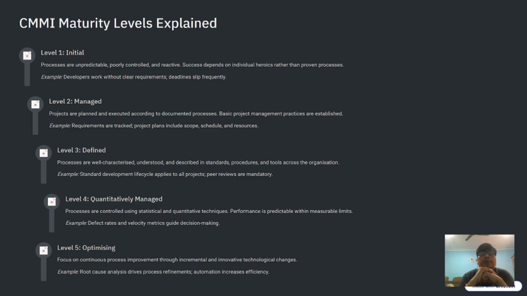We are not just implementing the processes, we are understanding the processes, describing the standards which are required for the project, and defining the procedures. What is the example? The standard development life cycle applies to all the projects. Peer reviews are mandatory. What is a peer review? One person develops something, and another person reviews it.